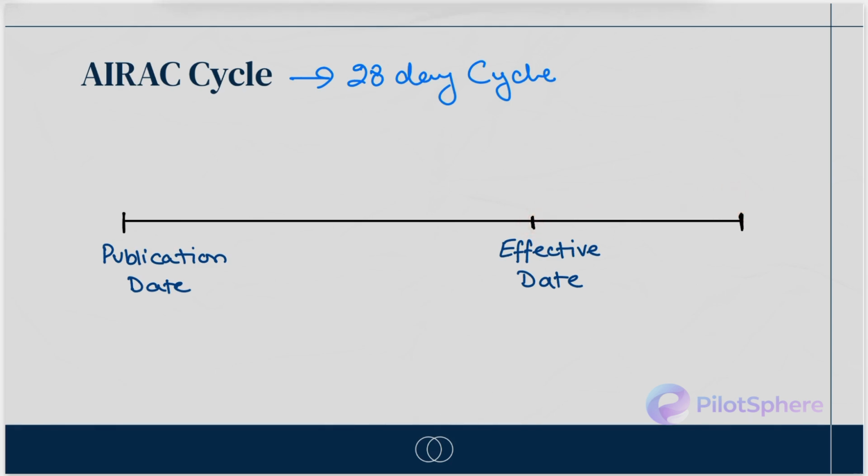So the change that is coming in will be published how long before? Almost 42 days prior to the effective date. After this is published, there is another date which is of concern. And that date is the, let me make some space here.